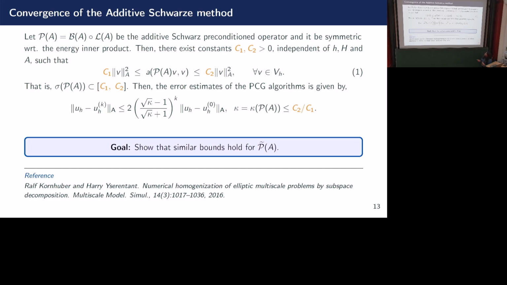That means exactly this: there exist positive constants C1 and C2 where this statement holds. And that means all the eigenvalues of this operator now lie in this interval C1, C2. And that means we have the condition number bounded by this ratio.